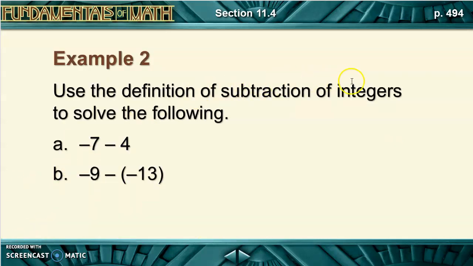Use the definition of subtraction of integers to solve the following. So one thing we can do is we can rewrite these as addition problems. All right. So I could write this as negative 7 plus negative 4. And because they are the same sign, we're going to add them together.